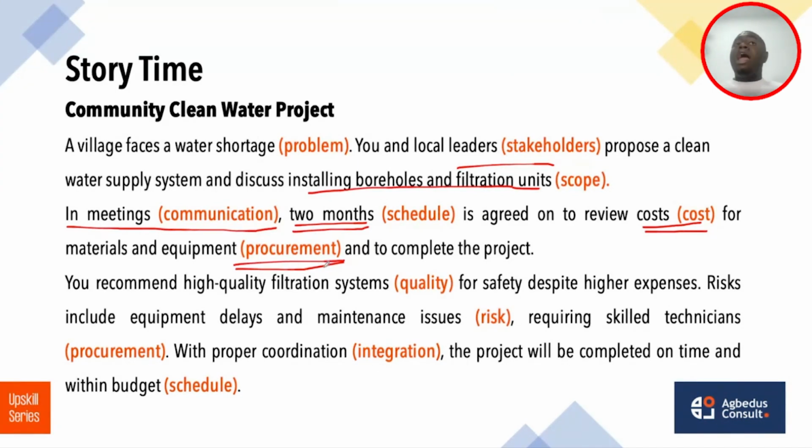And when you are embarking on a project, people actually seek quality, okay? And that is where quality comes in. Over here, they want high quality filtering units. They don't want a filtering unit that will get spoiled and we have to come and replace it over and over. For instance, when you are going to buy a phone, the reason people will choose a Samsung over a brand you don't know is because you know Samsung has a high quality product.